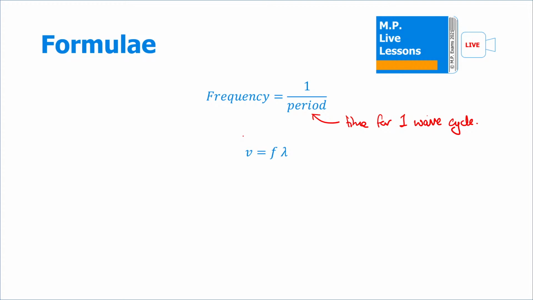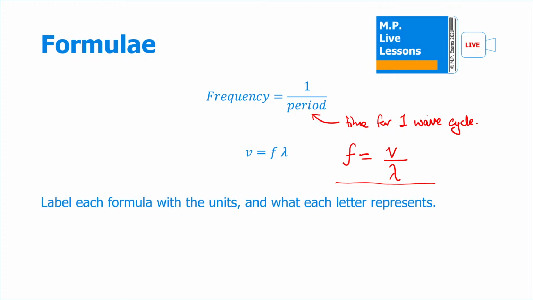So you'll eventually get the frequency is your velocity divided by your wavelength. This becomes important much later on when we look at electromagnetic waves.